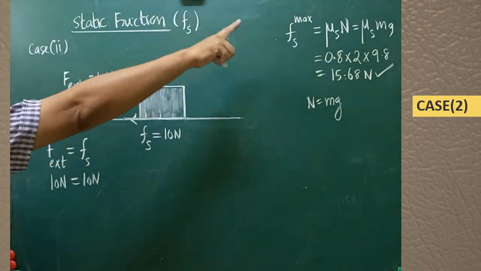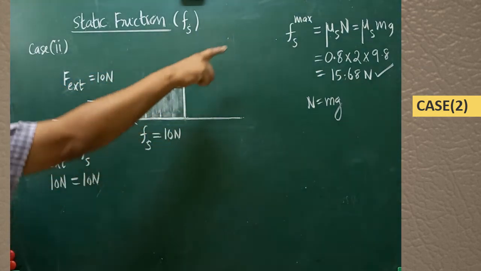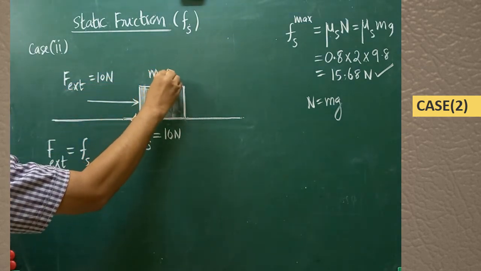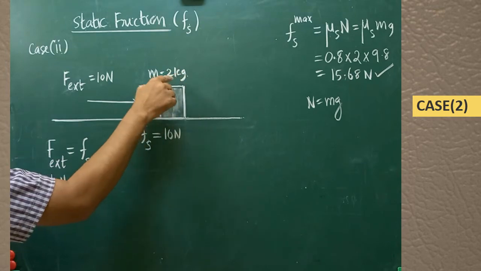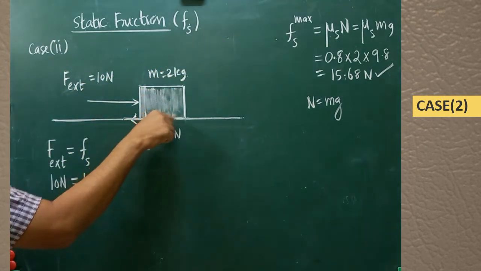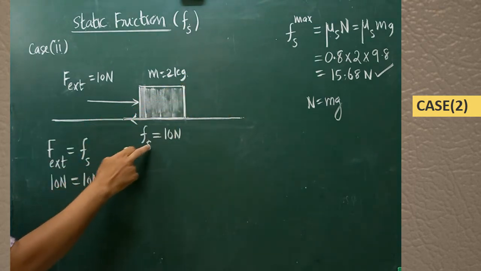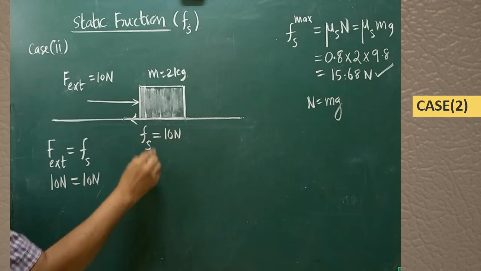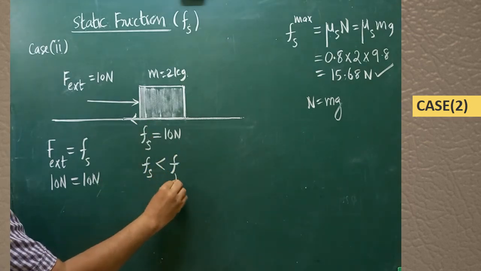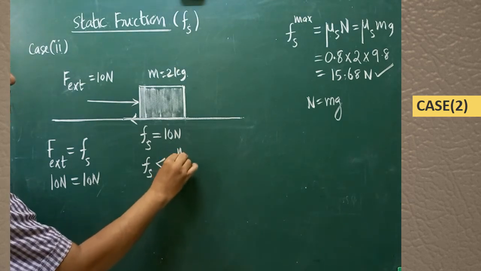Here, I have already calculated the maximum frictional force of the surface for this mass, m equal to 2 kg. Are you clear? What is the maximum frictional force offered here? 15.68. But the frictional force acting here is lesser than Fs max.